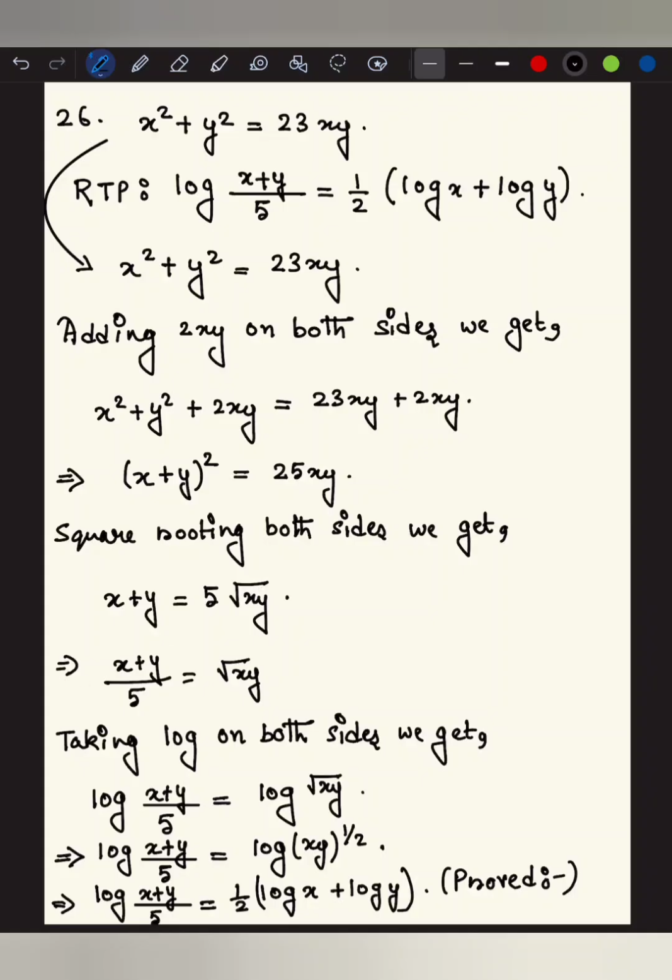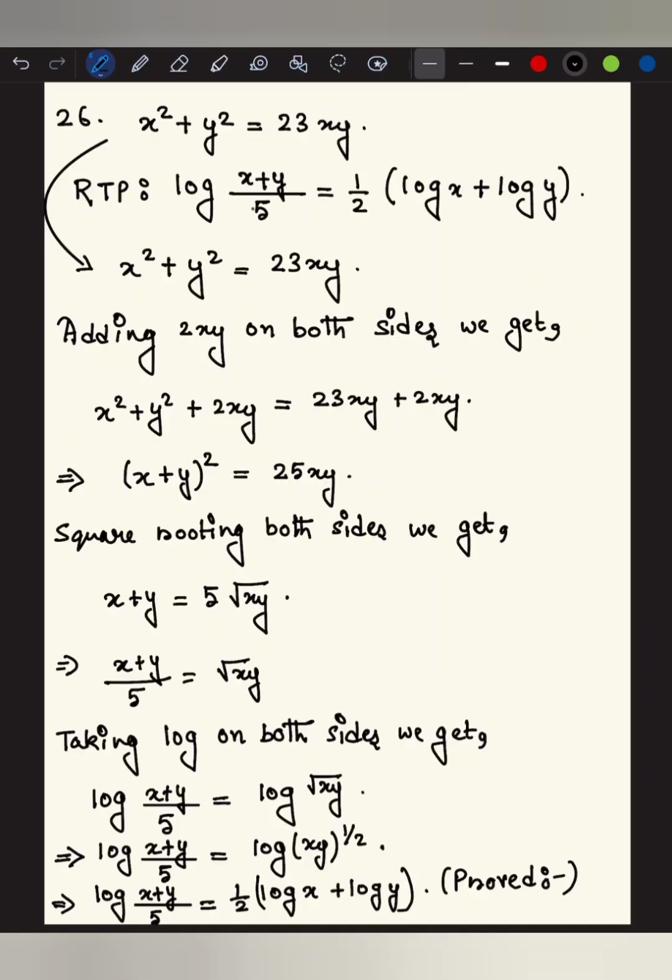Which implies, taking this 5 to the left hand side, it becomes divide, therefore (x plus y) by 5 is equal to root xy. Now taking log on both sides, we get log of (x plus y) by 5 is equal to log of root xy.